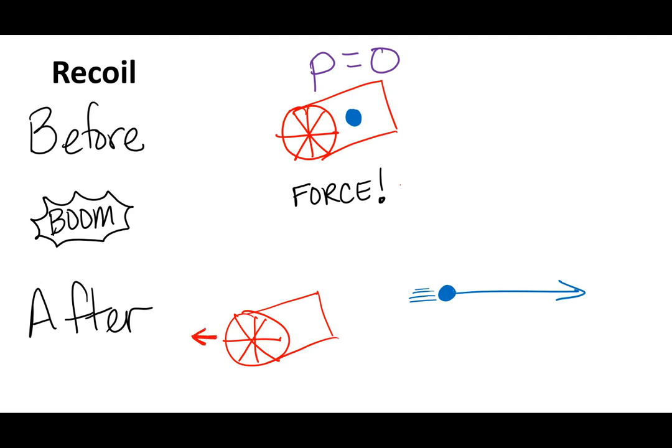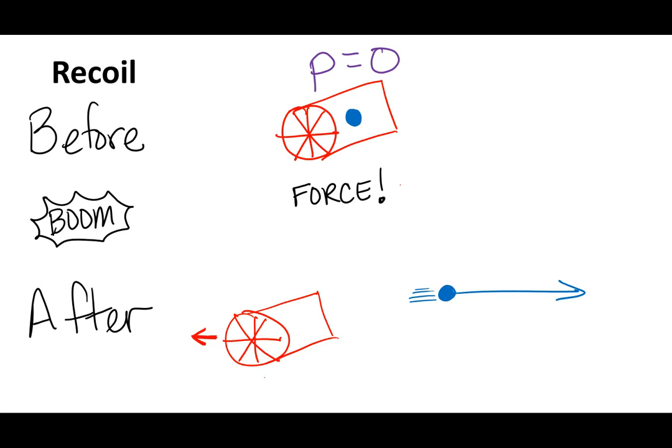Well, I thought we said this was conservation of momentum. So how is it conserved if this cannonball is going so fast and the cannon is going back so slowly? Well, it's because momentum is conserved. Nothing to do with specific velocities. It's the momentum.